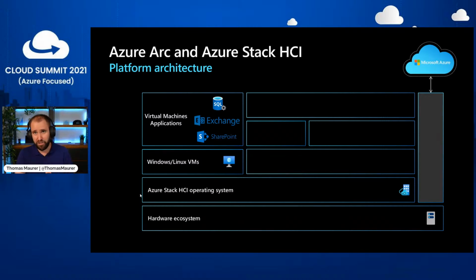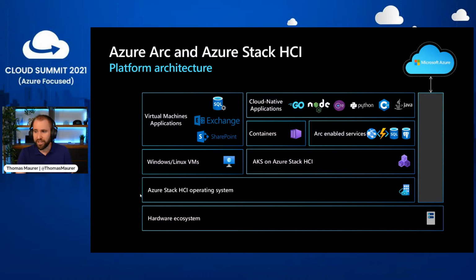But a service which we also bring to Azure Stack HCI is AKS. So the Azure Kubernetes Service cannot just run in Azure, but can also run on Azure Stack HCI. That enables you to run all the containerized applications you have, and also the Azure Arc enabled services I just showed you, in your own data center locations, and then build your cloud native applications.